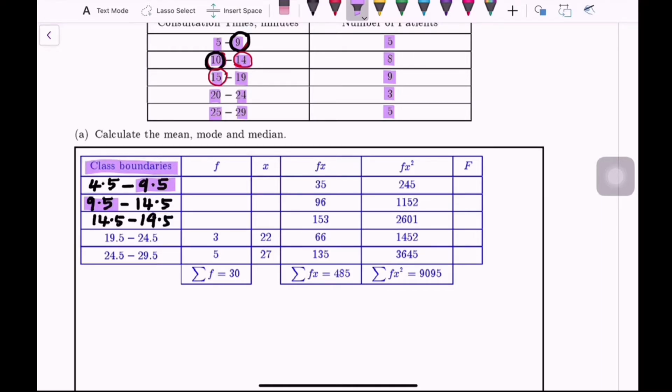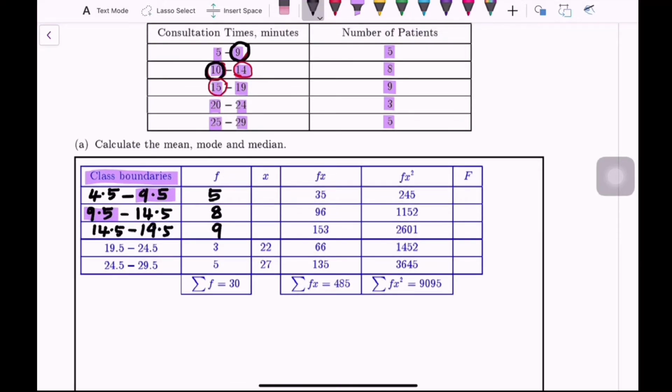Then for frequency, we write as given: 5, 8, 9. Then the class mark is determined by the midpoint of the class limit. So 5 and 9, the midpoint is 7. 10 and 14, the midpoint is 12. 15 and 19 is 17.